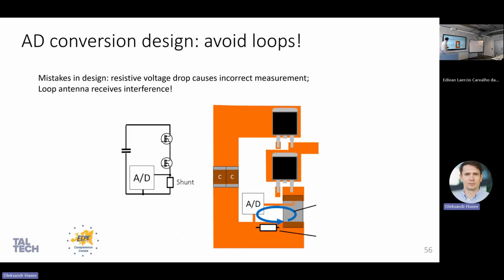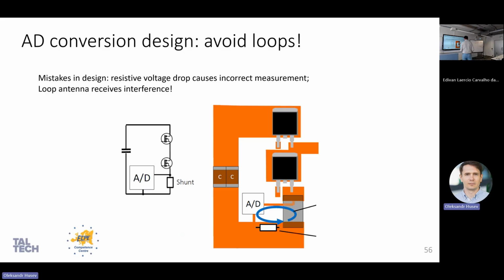Another mistake in design: resistive voltage drop causes incorrect measurements, and a loop antenna receives interference. So look, why it's bad. And now I would like to remind you what I said, that the unity issue and your interference issues are interconnected.